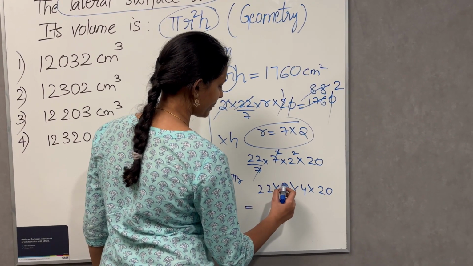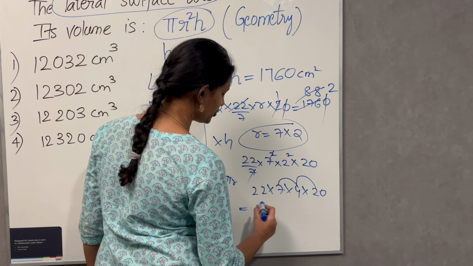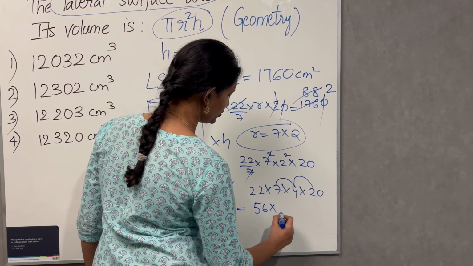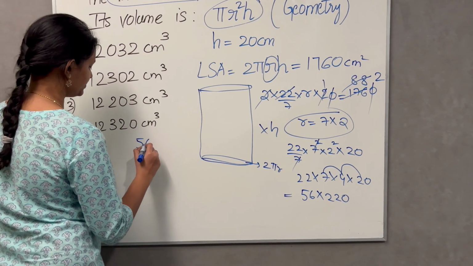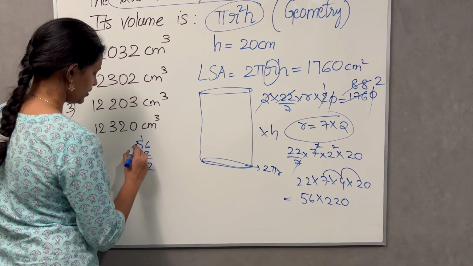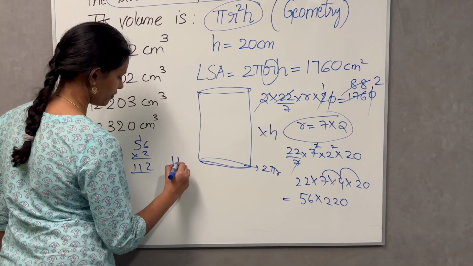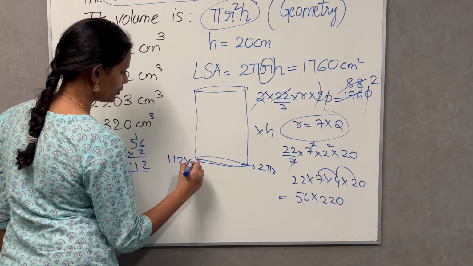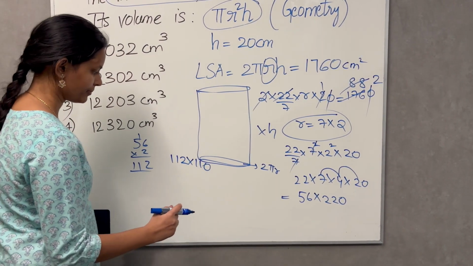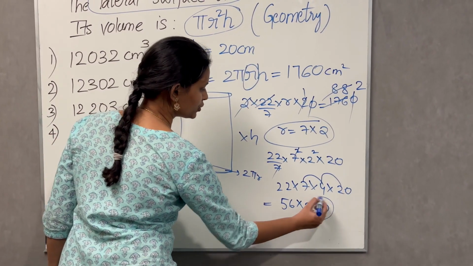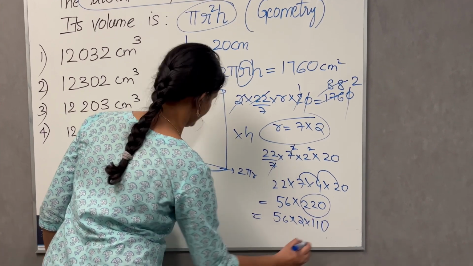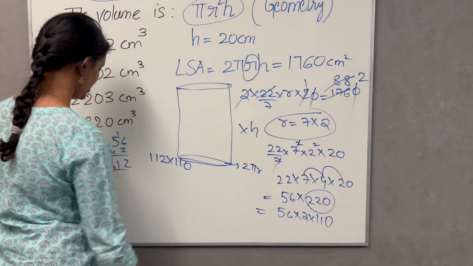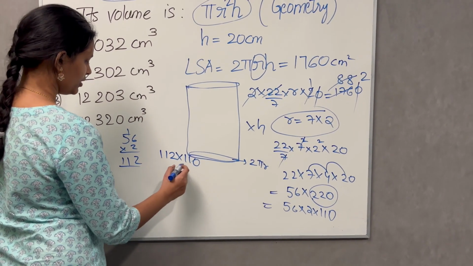That is 28. 28 into 2, 56 into 220. 56 2s are 112, into 110. Here we took 2 common, means 56 into 2 into 110.